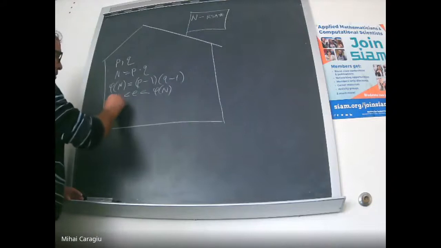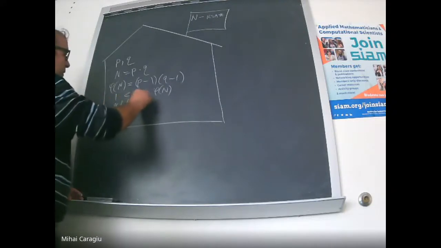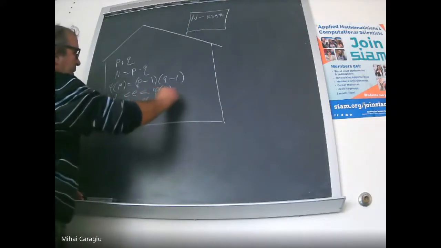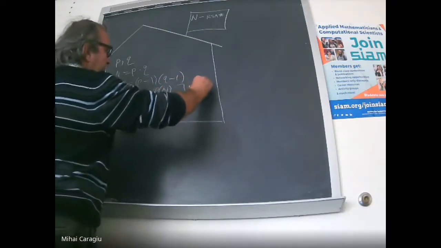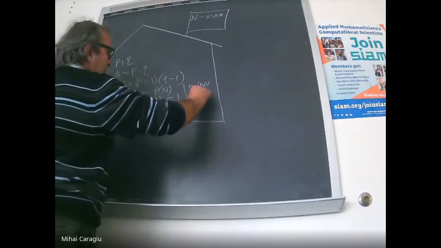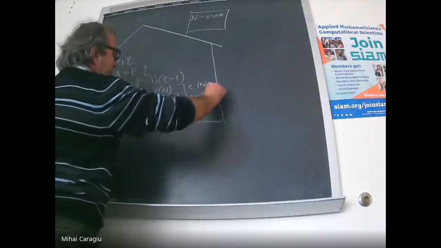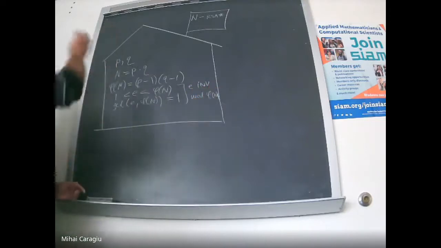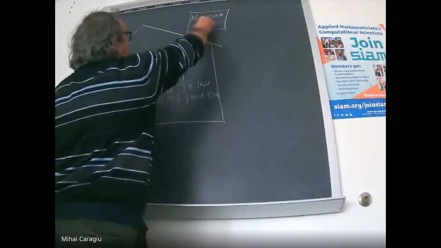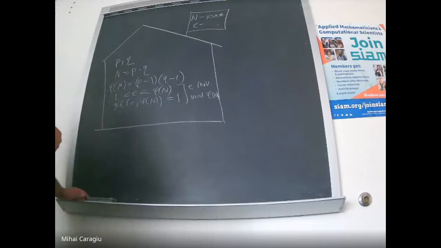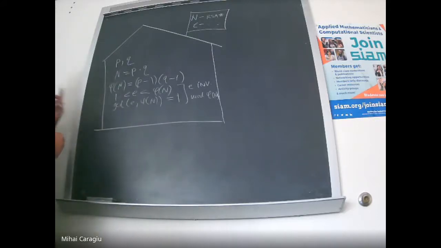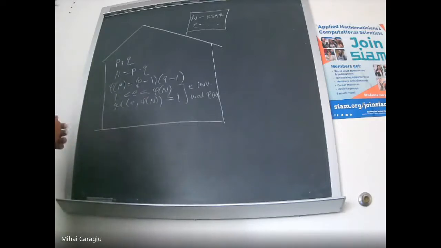So GCD of e and phi of n equals 1, which makes e invertible mod phi of n. And then she posts the number e, which is the public encryption key.